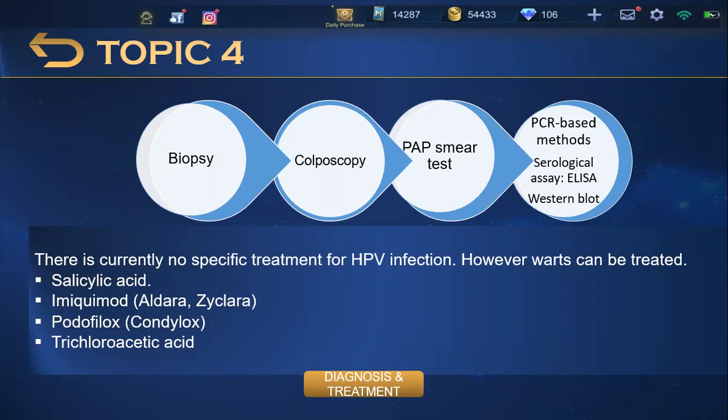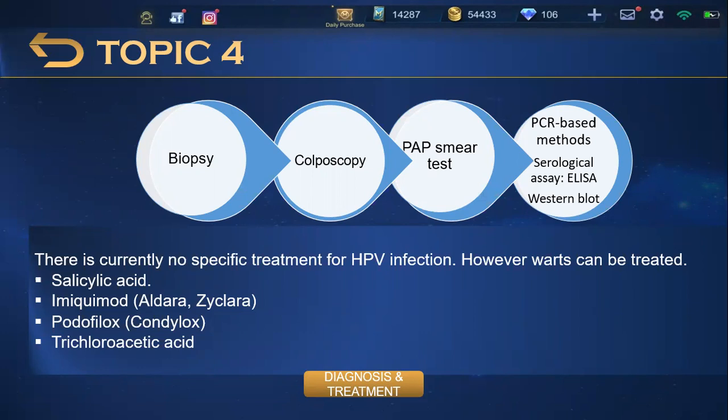HPV DNA can be amplified selectively by a series of reactions that lead to an exponential, reproducible increase in viral sequences present in the biological specimen. Lastly, we have the serological assays, which are the ELISA, or enzyme-linked immunoassay, and the Western blot assay.